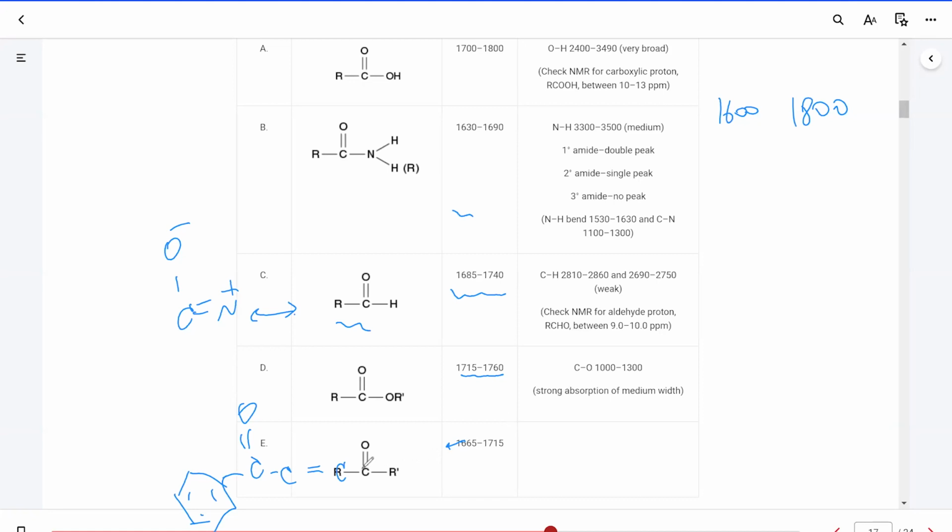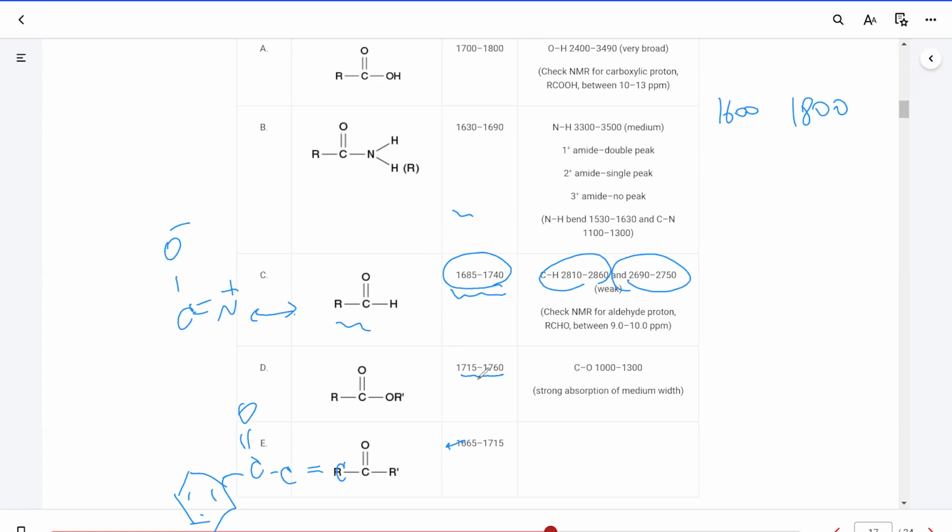The difference between a ketone and an aldehyde is that for aldehyde we have a number set: 1,700, 2,800 and 2,700. If we have all three of them, we know we have an aldehyde.